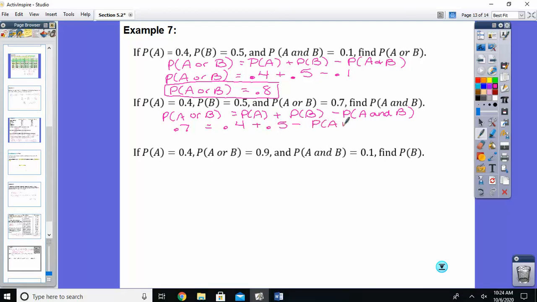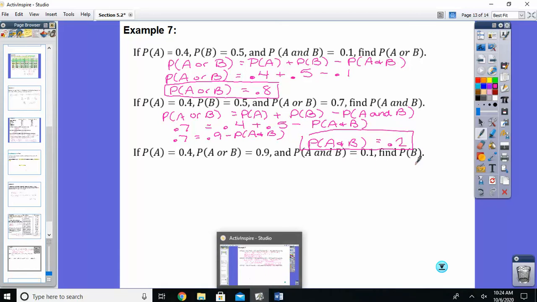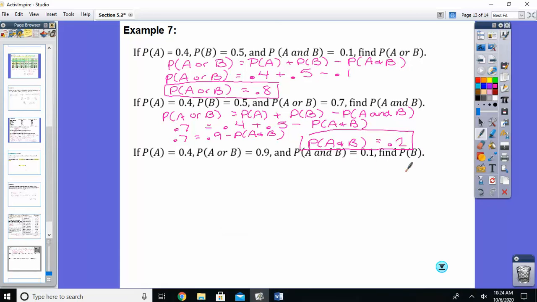I don't know A and B. So if I add over my probability of A and B and then subtract my 0.7, we get 0.2. Is that one okay?